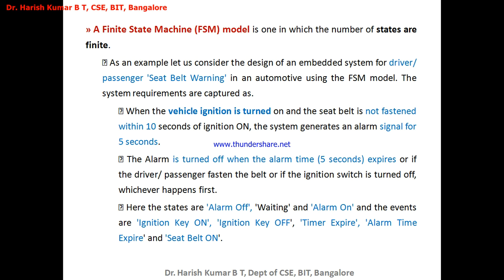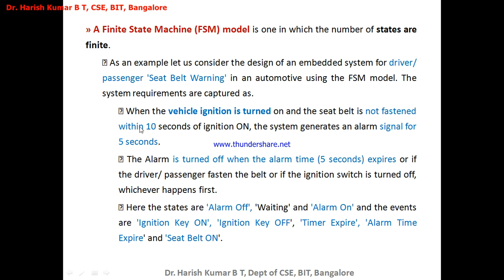These are the four finite states of the garage door opener. So the system can be modeled by using these four finite states. Now here I have taken the example of driver or passenger seatbelt warning in order to model the finite state machine. I'm just going to model this as a finite state machine.